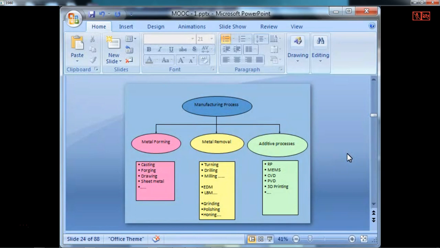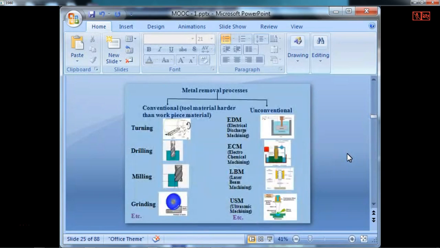And we also have another set of processes called the unconventional manufacturing processes, where we have processes like EDM, electrical discharge machining, ECM, electrochemical machining, LBM, laser beam machining, and USM, ultrasonic assisted machining.